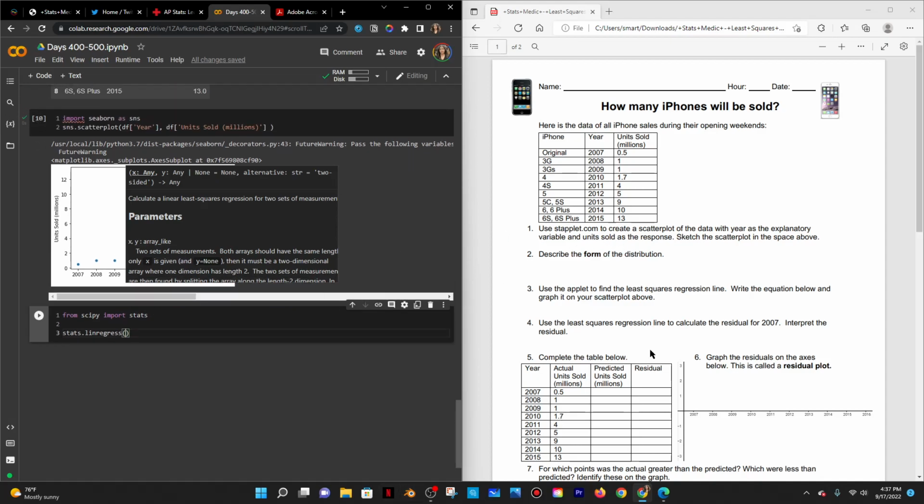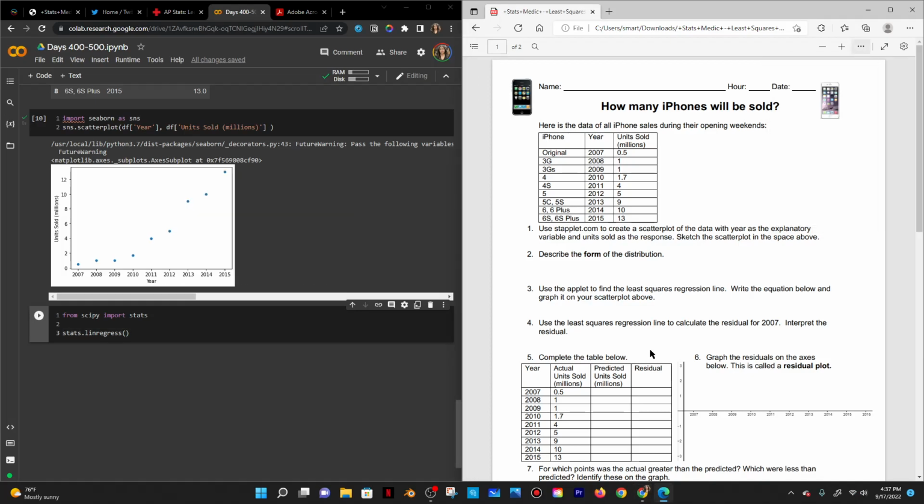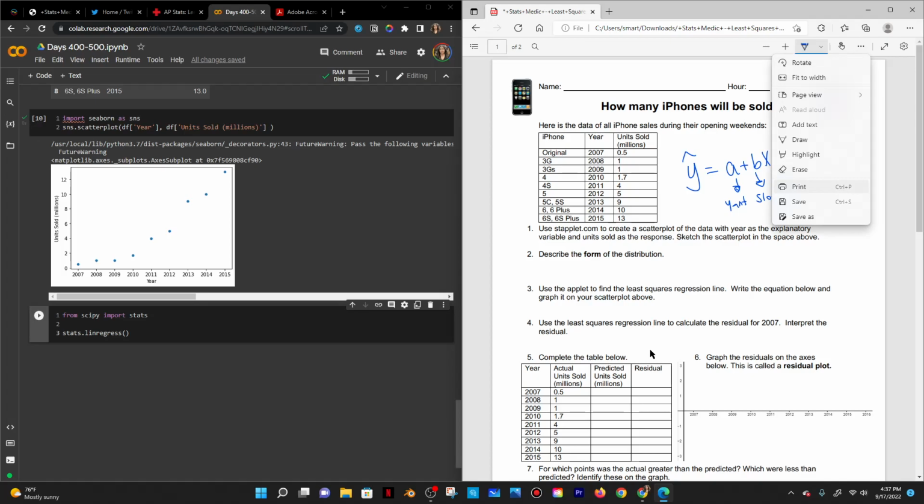So just to sum things up, the least squares regression line looks like predicted y is equal to a plus bx, with b being my slope and a being my y-intercept. So really what we're looking for here is those values. I'm looking for my y-intercept and my slope, and linregress in Python gives me those values.